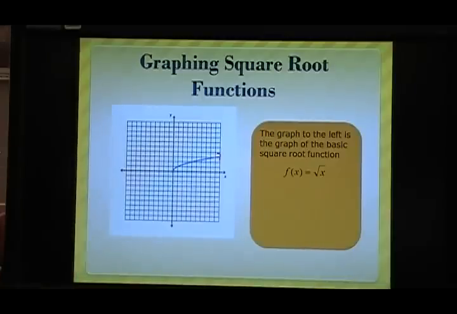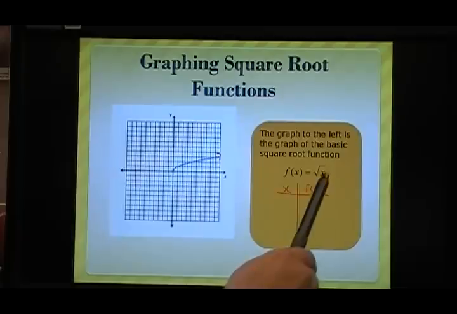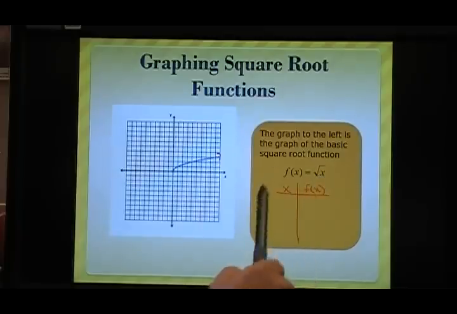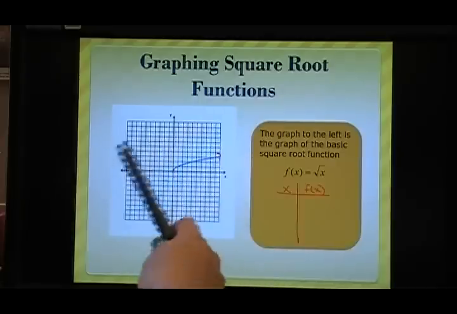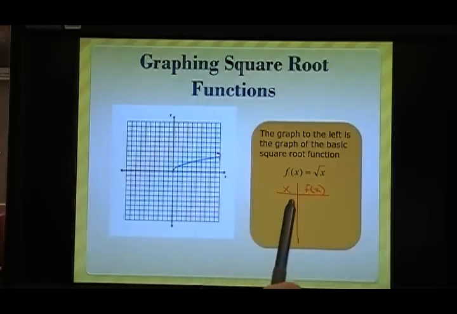So your square root function, I cannot input negative numbers in for x for this basic square root. If I try to input negative numbers, I'll have a complex output, so there are no points. I can, however, input 0.